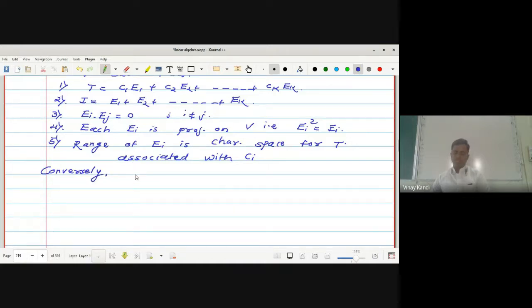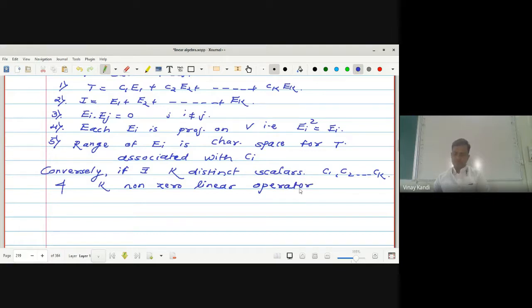And conversely, if there exist K distinct scalars C1, C2 up to Ck, and K non-zero linear operators E1, E2 up to Ek which satisfy the conditions 1, 2 and 3, then T is diagonalizable.